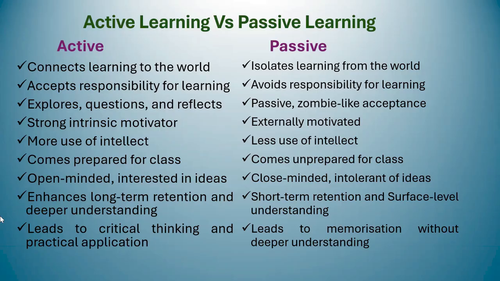Here you look at active learning leads to critical thinking and practical application. But passive learning leads to memorization without deeper understanding. So after going through these points, you can easily conclude that active learning has got several positive components, and they will help us to learn things in a better way.